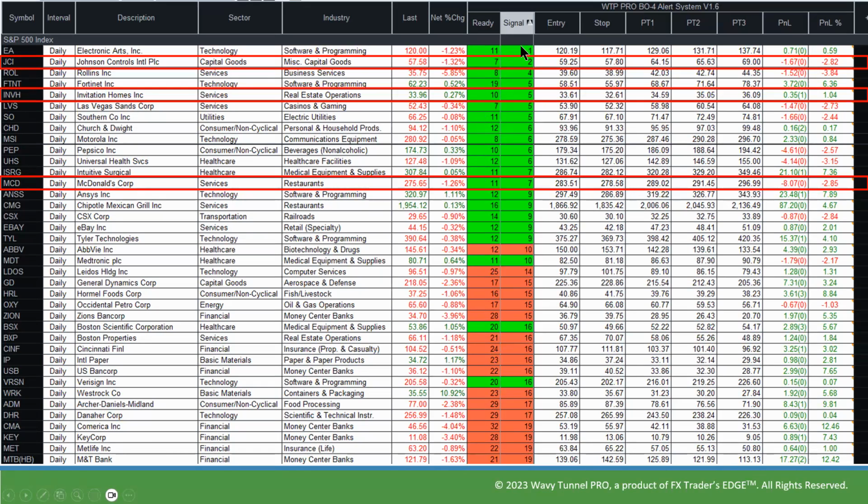Now it's very interesting. In October, the market was setting up. No, actually, which month was it?